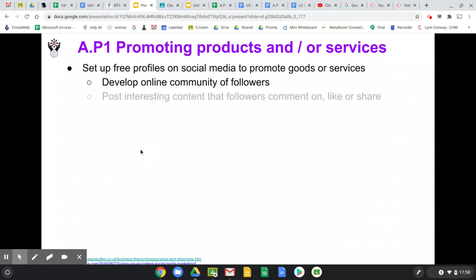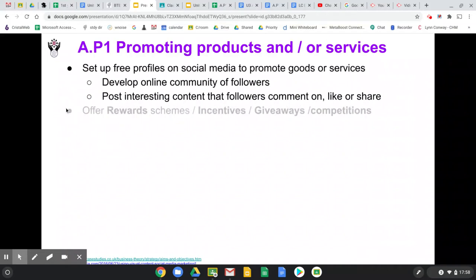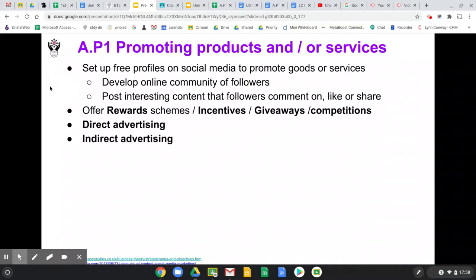So how do we use social media to promote products? Well, there's all sorts of different ways that they do it. So businesses can offer incentives. Sometimes competitions or giveaways are helpful, maybe a reward scheme. Direct and indirect advertising is often used. We'll go into that in more detail next lesson.